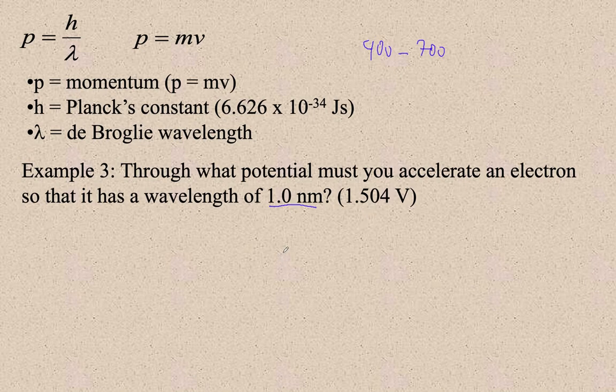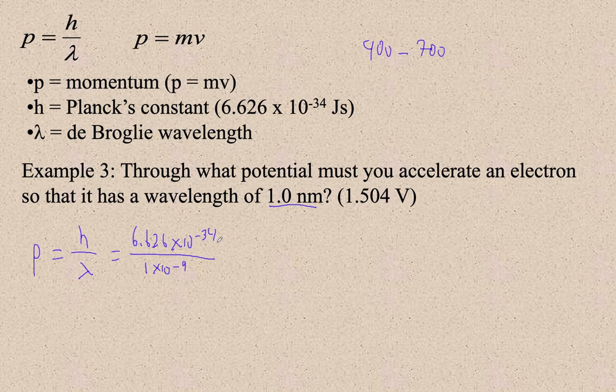Okay, so let's see. I think, let's figure out the momentum of this electron. So the momentum is Planck's constant over the wavelength, so 6.626 e minus 34 divided by 1 times 10 to the minus 9th. I think I can do this in my head, but maybe I can't.